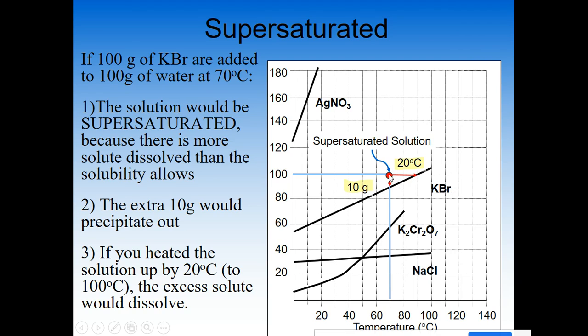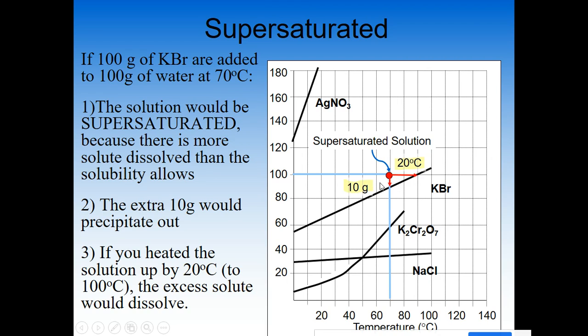What we can also tell here is if we were to heat this solution up to about 90 degrees Celsius, it would become a saturated solution. So we would say that by heating by 20 degrees, we can make it saturated.